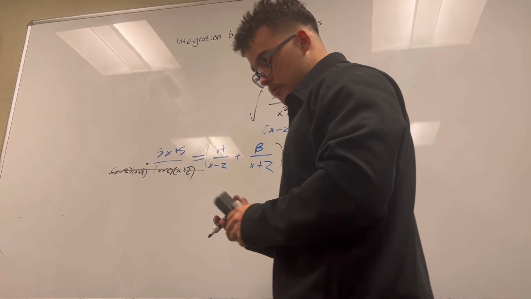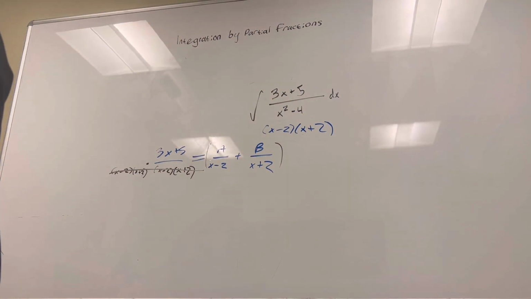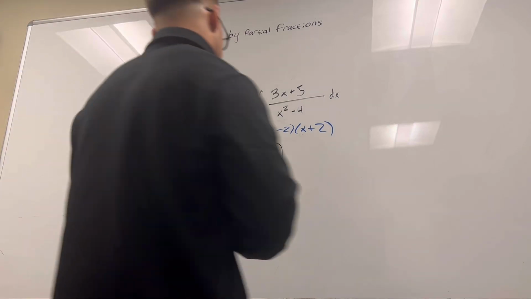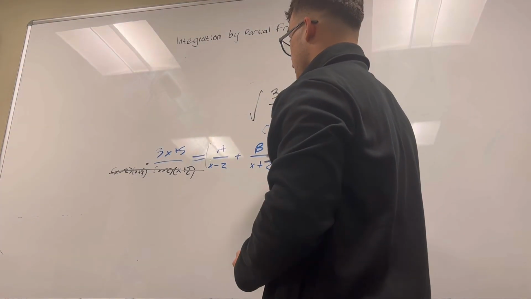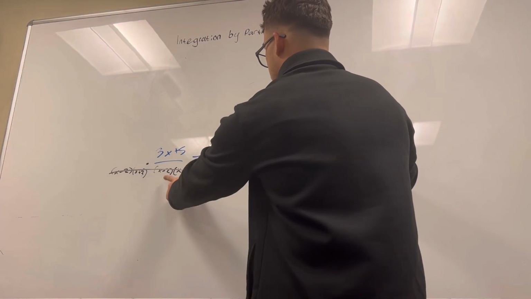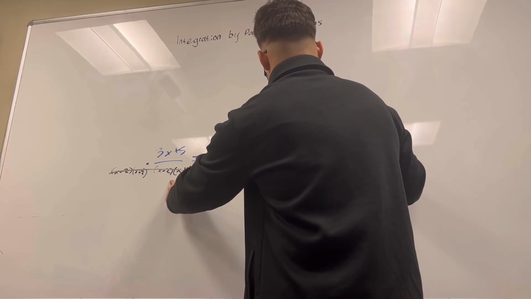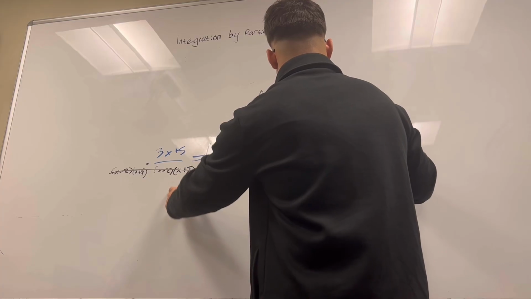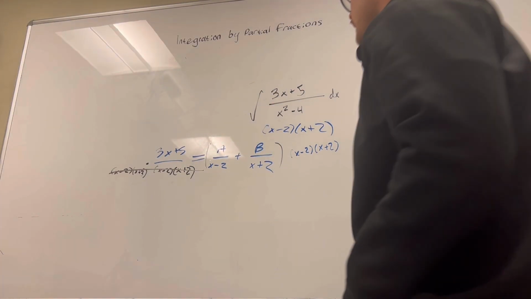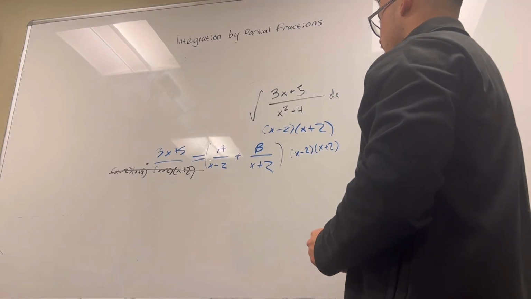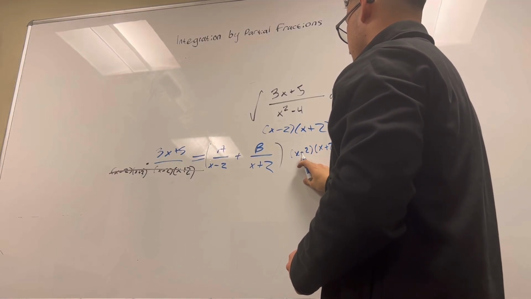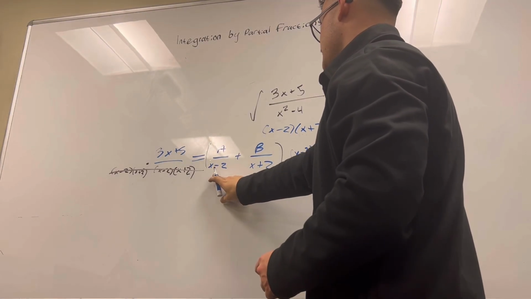This marker is terrible. Sorry about that. So it's this whole thing right here multiplied by this denominator, which is x minus 2, x plus 2. And now what you're going to see is that you're multiplying this whole thing by both this term and this term.